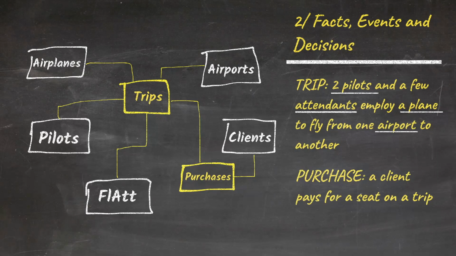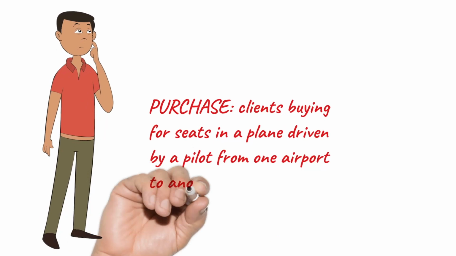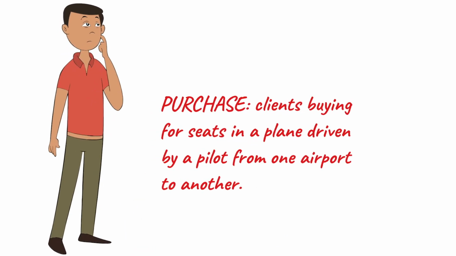To make it correctly, it's capital that we give each item a name. Then define a single event, including only the actors and things that are directly implicated. For example, it would be incorrect to define purchase as clients buying seats in a plane driven by a pilot from one airport to another. The problem here is that we include data from other events in the purchase's definition.